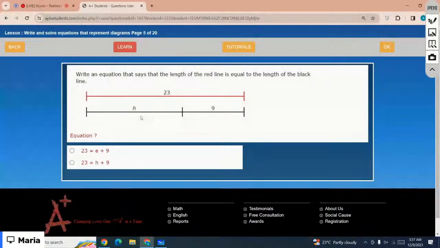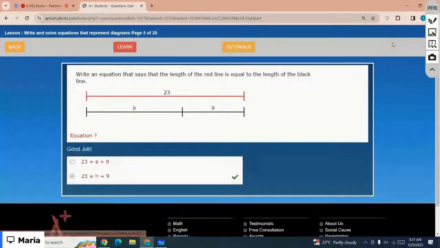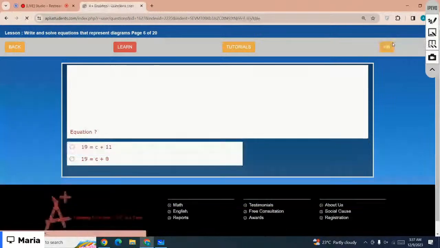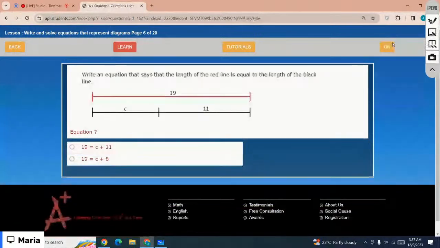Yes, that is the second one. 23 equals h plus 9 is the correct option. Write an equation that says the length of the red line is equal to the length of the black line. So, which is the correct option?